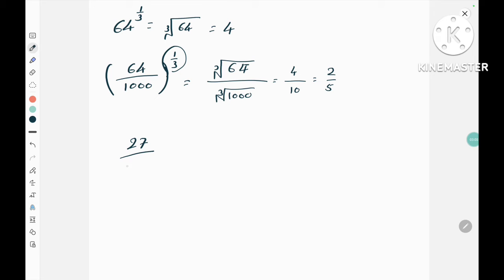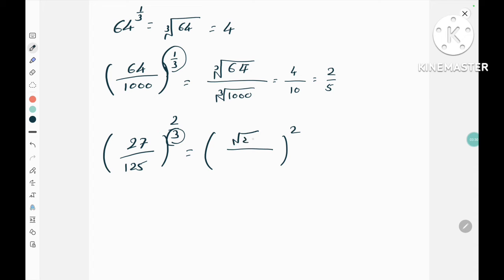Okay, let's see 27 over 125, and if we have a power 2/3. The numerator number has an ordinary power, so for now we keep that power 2 as it is. First we get rid of this cube root.